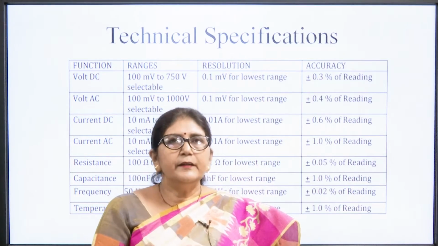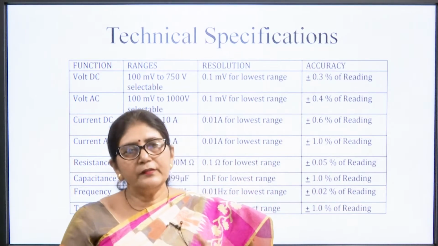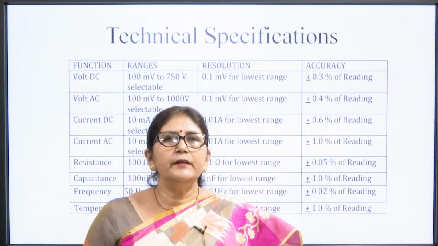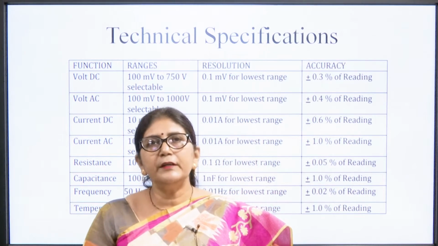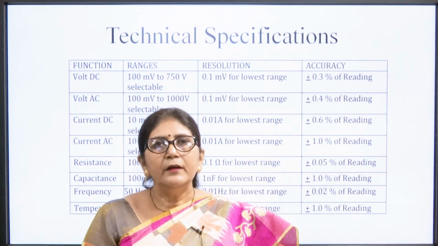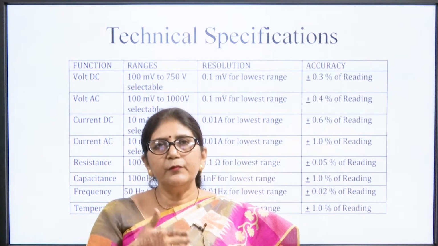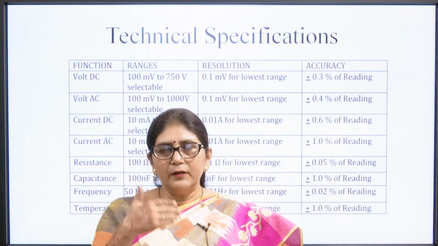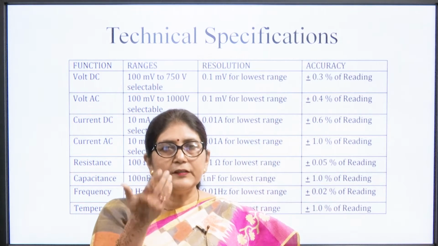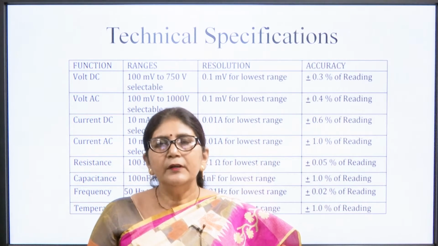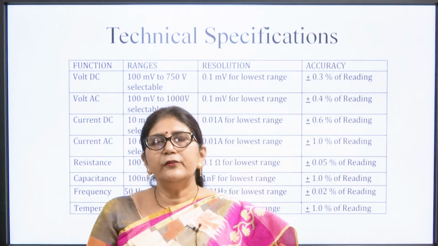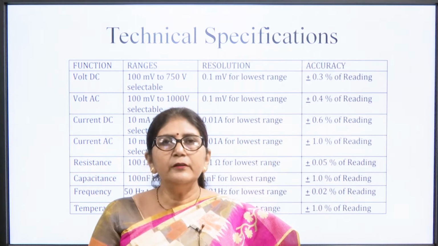These are the technical specifications we see when we purchase any multimeter, given by the supplier. Suppose here is a digital voltmeter, this is a multimeter. It can measure DC voltage from 100 millivolt to 750 volt, and it has a resolution of 0.1 millivolt for the lower range.